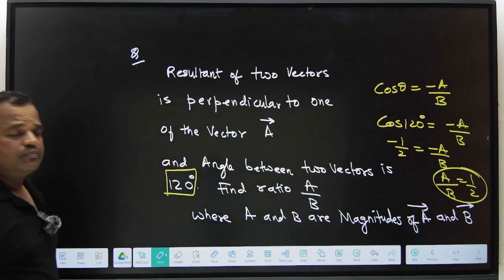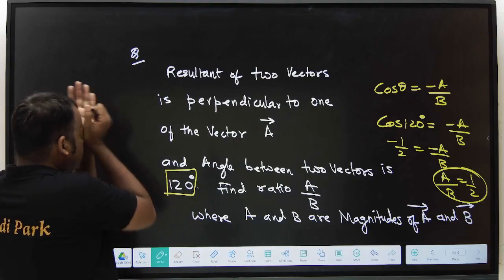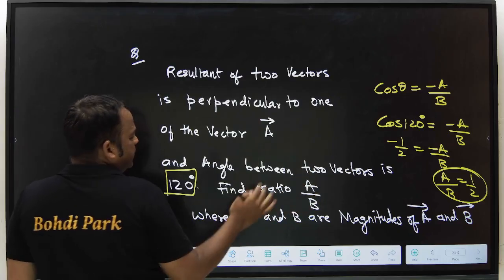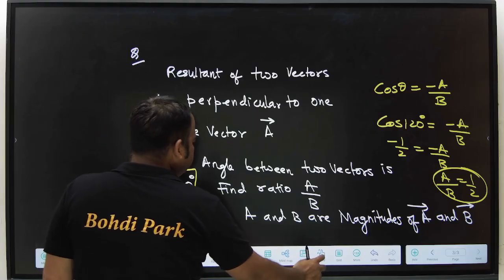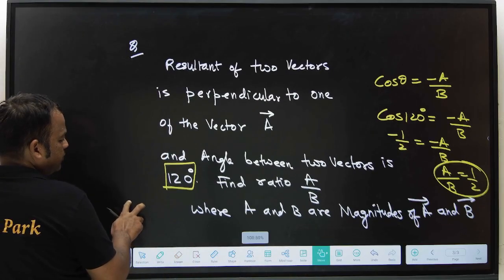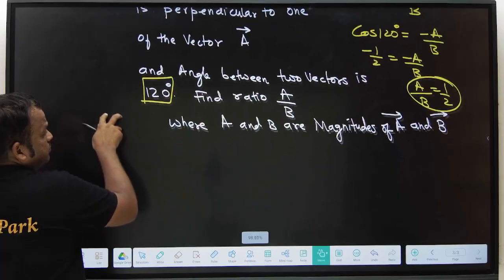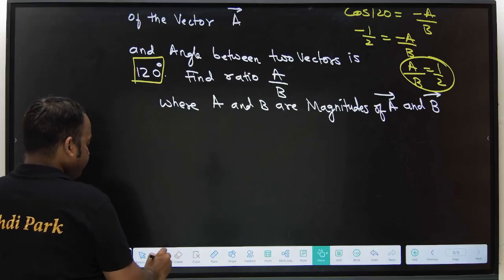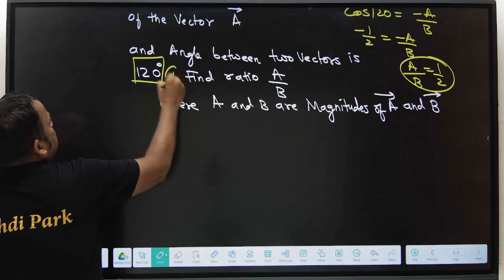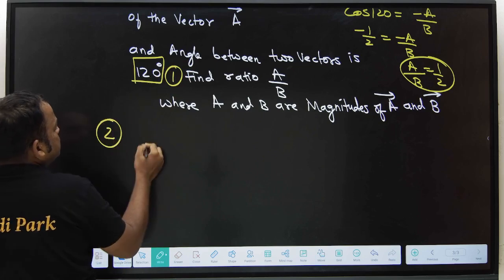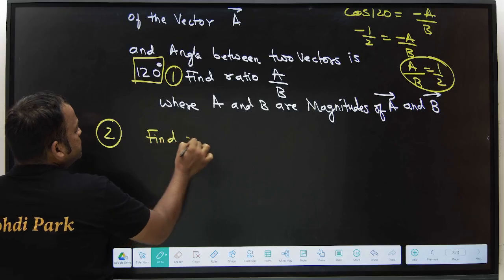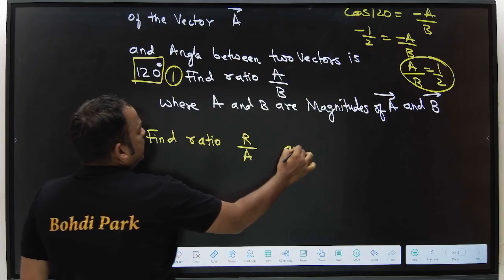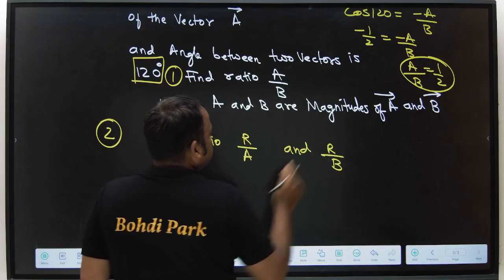Now suppose in the same question, if they ask what is the ratio r by b or what is r by a, let's say the question says find ratio r by a and r by b.